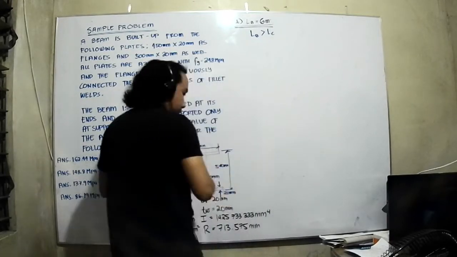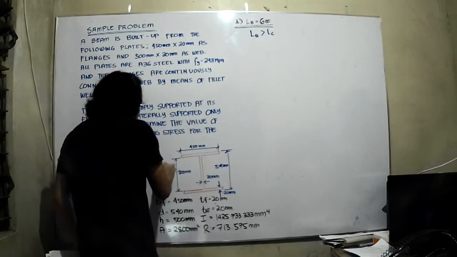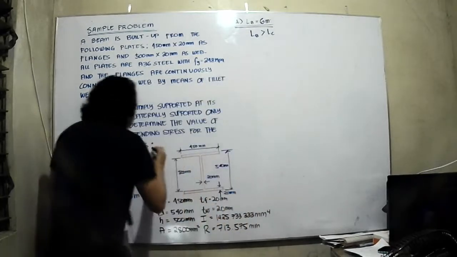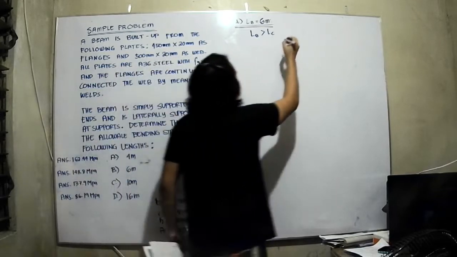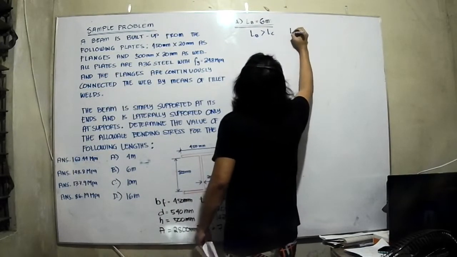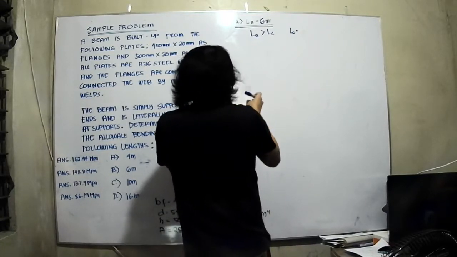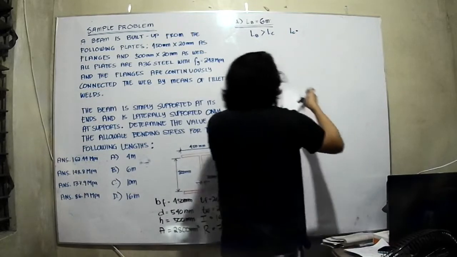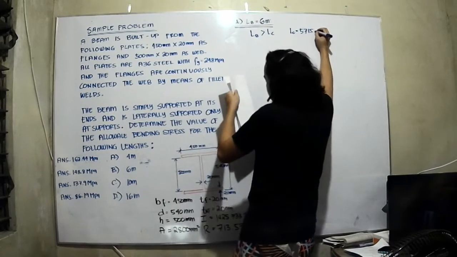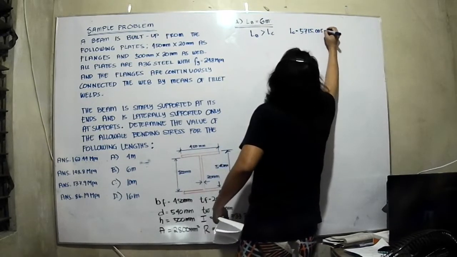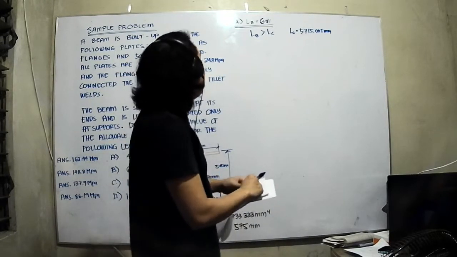We need to keep in mind that our LC is equal to katong pinakauna natong i-solve, 5715.005 mm. Okay? So, it's quite proven na mas lesser pa na siya sa LB.